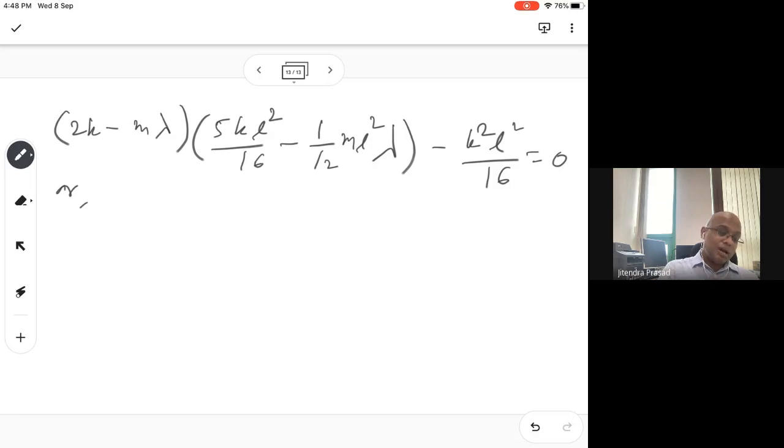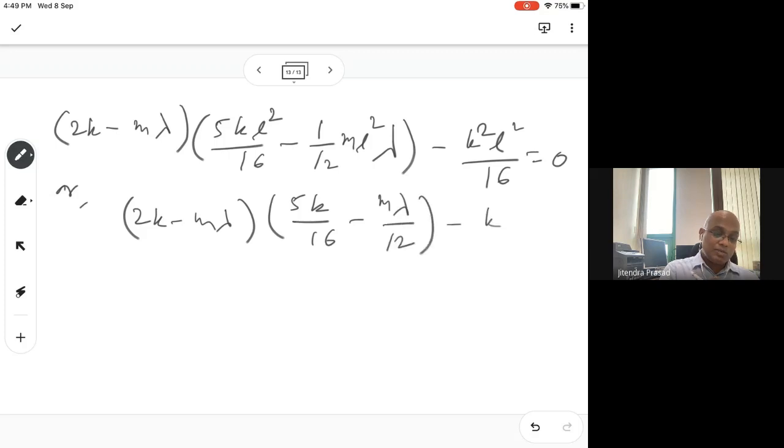We have L square in common, so we can get rid of that. So finally we get 2k minus m lambda, then 5k over 16 minus m lambda over 12, minus k square over 16 equal to 0.